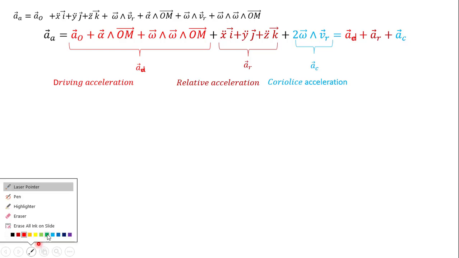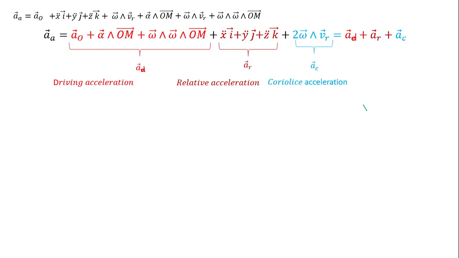I'm saying that the absolute velocity was equal to the driving velocity plus the relative velocity. We didn't have in the absolute velocity an expression related to the Coriolis velocity. We don't have a Coriolis velocity, we just have a Coriolis acceleration.